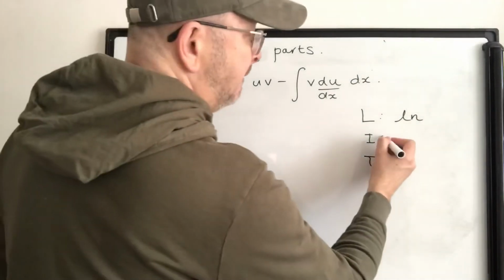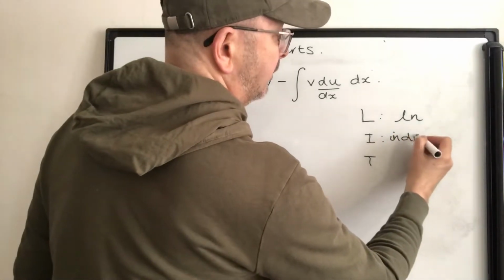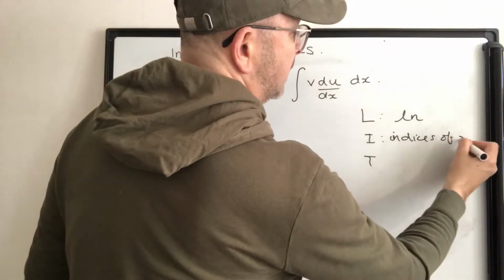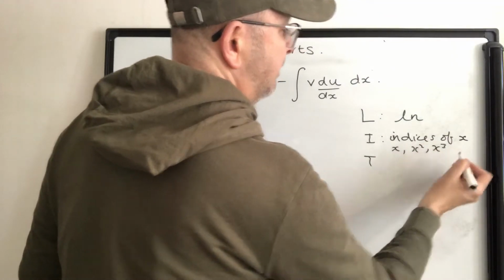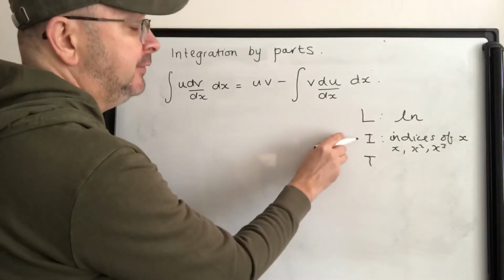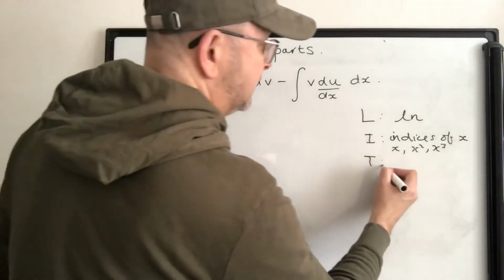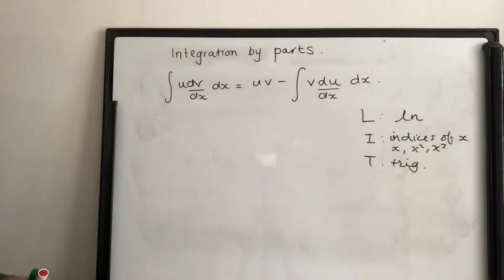I is indices of x, so that'll be x, x squared, x cubed. If you don't have natural log and if you don't have indices, then take the trig function as your u.